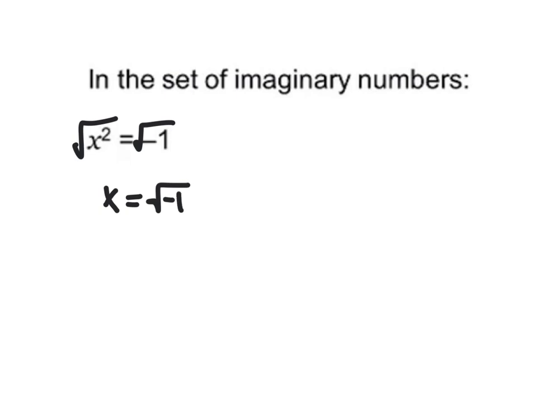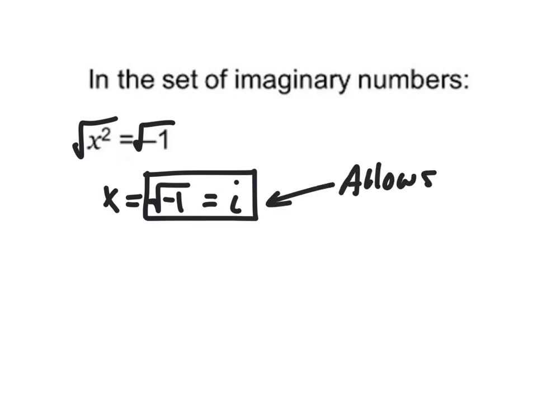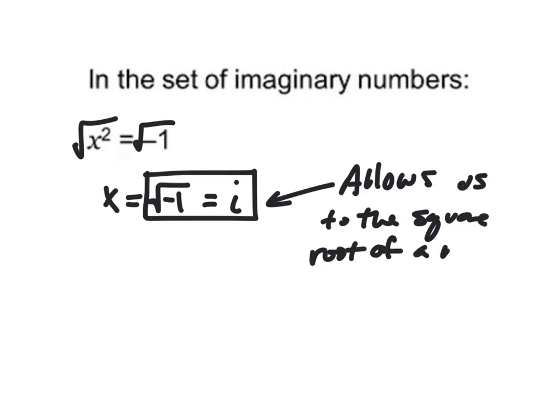We've created this thing where we said, let's let the square root of negative 1 equal the number i. This is very, very powerful, because this allows us to take the square root of a negative number.